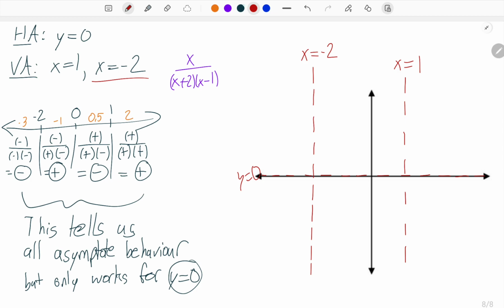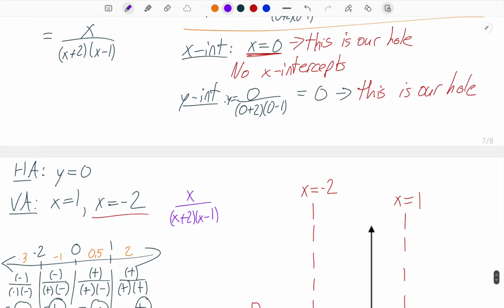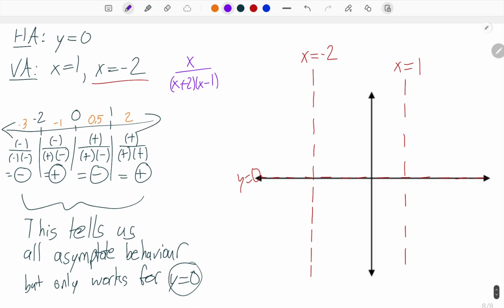Now, let's plot any intercepts we have. Well, I guess we just have the hole. So we'll still plot the hole. So that's at 0, 0. And then let's plot the rest of the graph.